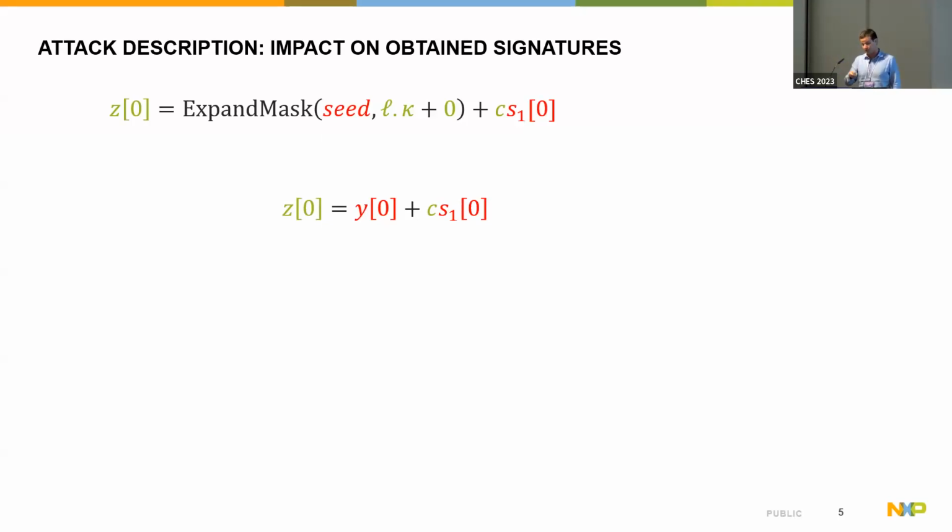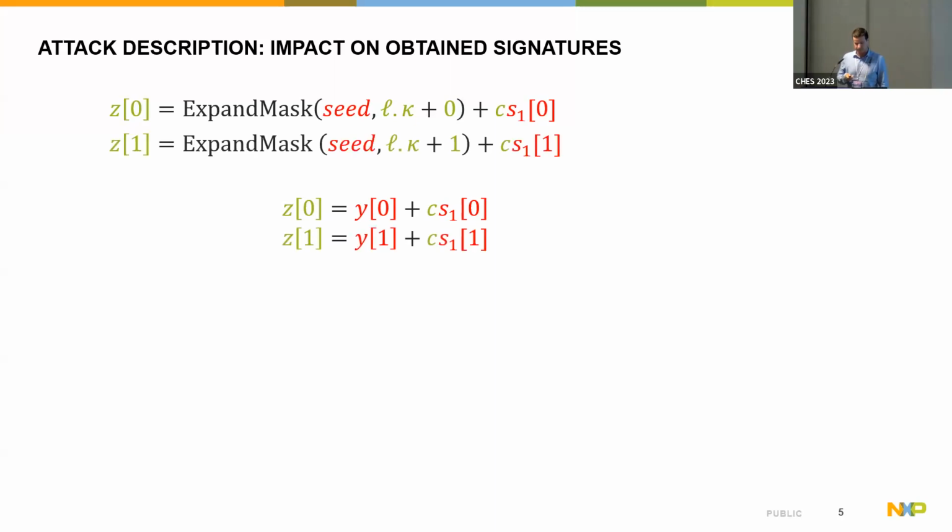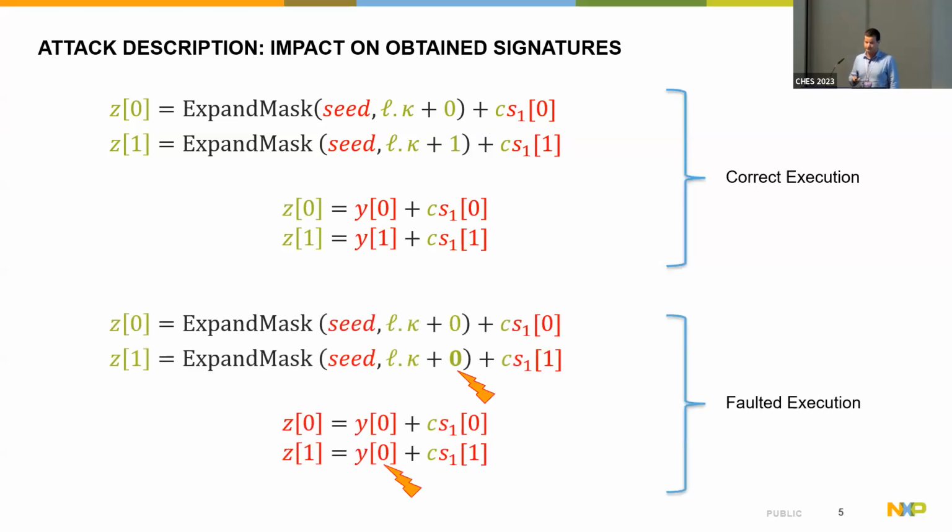So you do that for the first polynomial. Then you can do it for the second polynomial in the signature. And the only difference is that here you add the second polynomial in S1, but you also increment the public counter by 1. So this is correct execution.